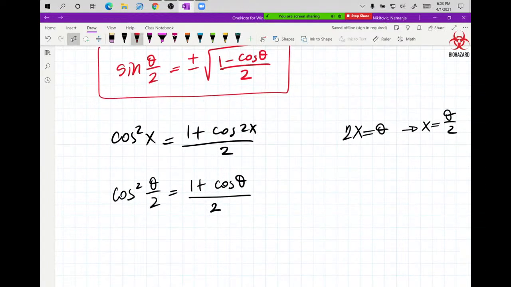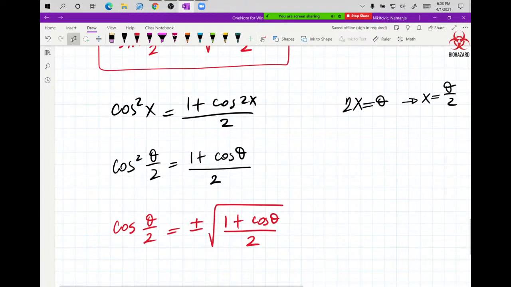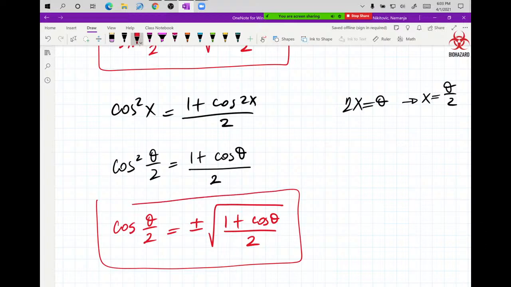And now, when you apply square root to both sides to kill the square, you have cosine theta over 2 is equal to plus minus square root of 1 plus cosine theta over 2. And that's the second one.